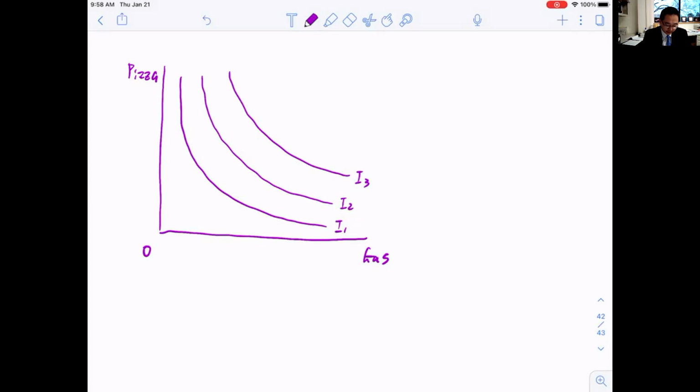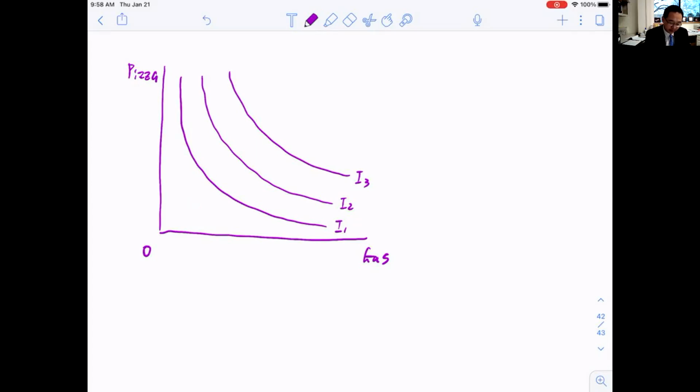Now they're shaped a little bit weirdly, right? They're all convex, which means they all point toward the origin. That's called a convex curve, and that is actually telling you something that you should all know. Okay, so let's look at how that works.